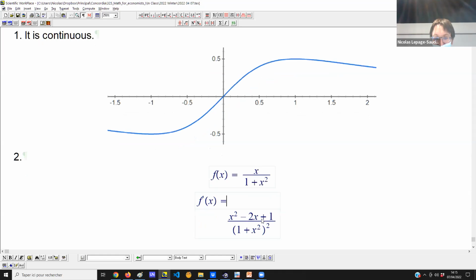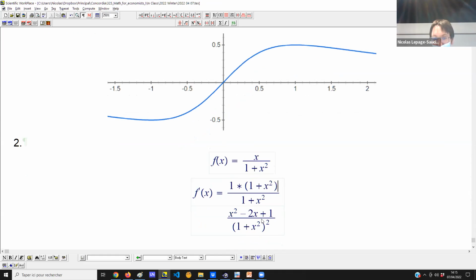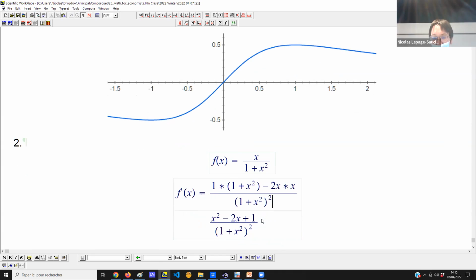Okay, so it's the derivative of the numerator, so that's 1, times the denominator, minus the derivative of the denominator, which is 2x, times the numerator, which is x, and then both divided by the denominator squared.